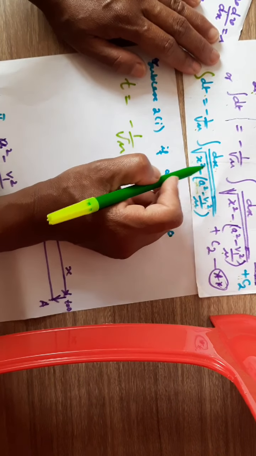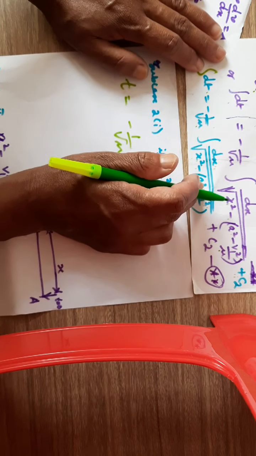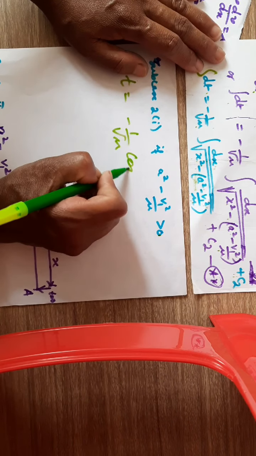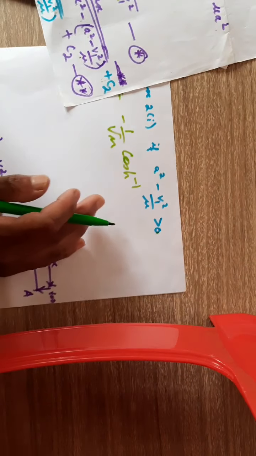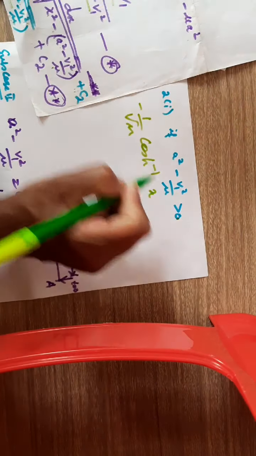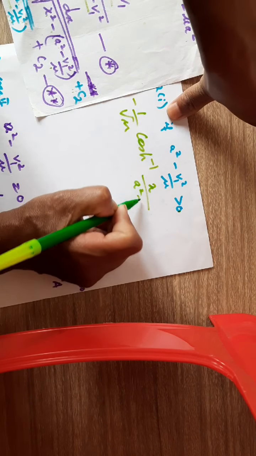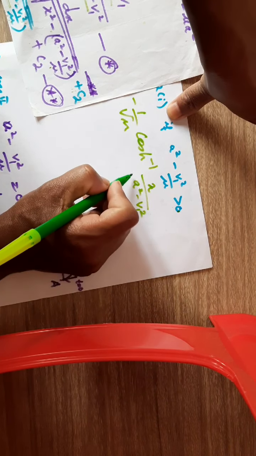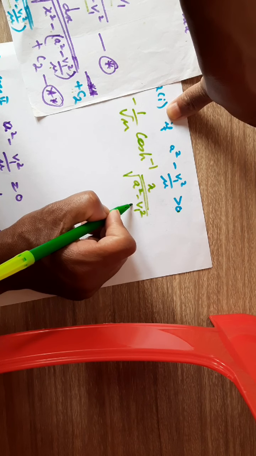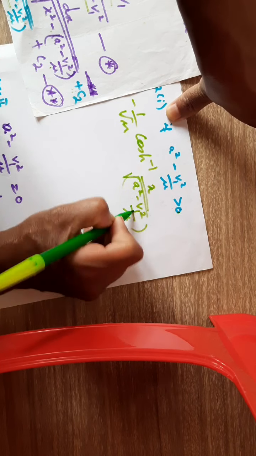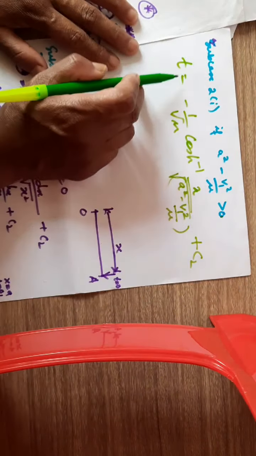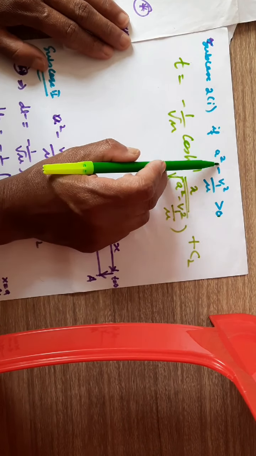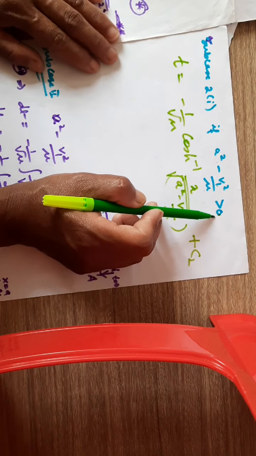Again, it will be of the form dx by square root of x square minus some constant term, and that one will give you cos hyperbolic inverse of x by square root of a square minus v1 square by mu, plus some constant c2. So you'll have t as this when a square minus v1 square by mu is greater than 0.